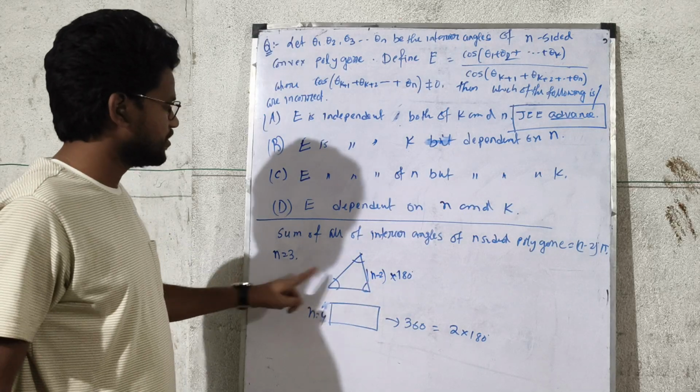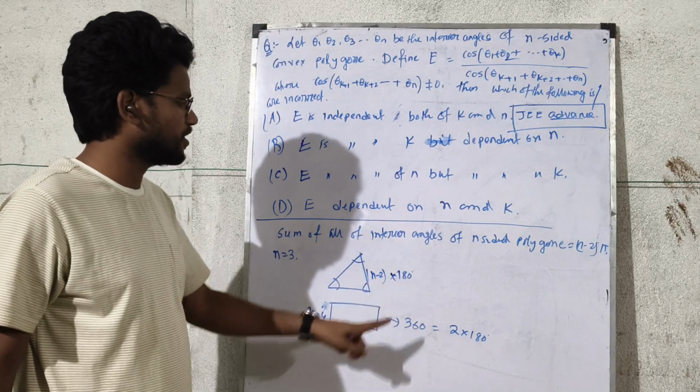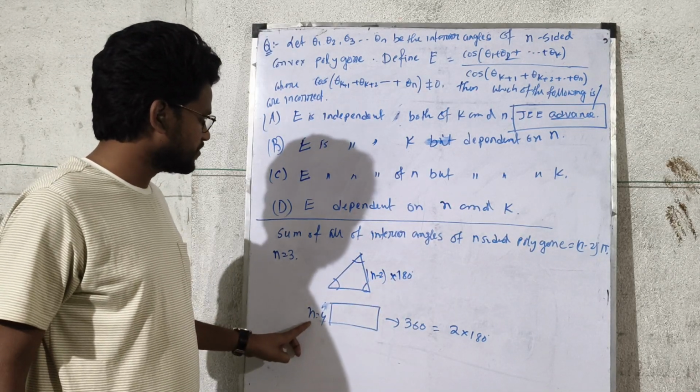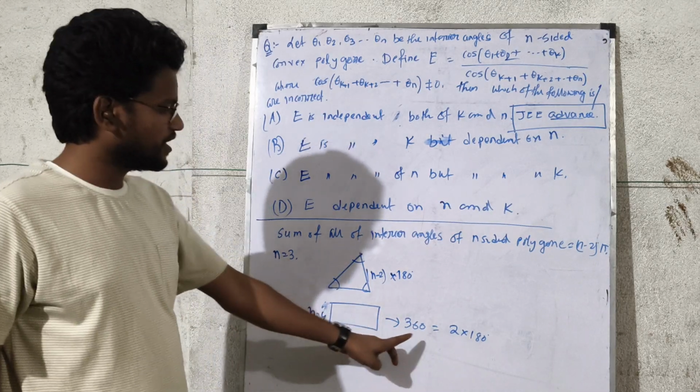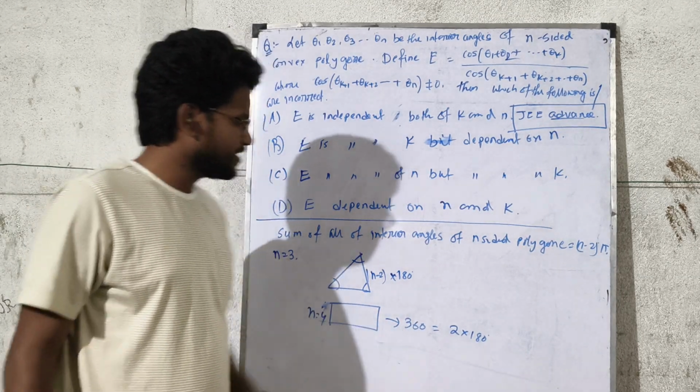When n equals 3, we multiply 1 into 180 degrees, and when the number of sides is 4, we multiply 2 into 180 degrees.